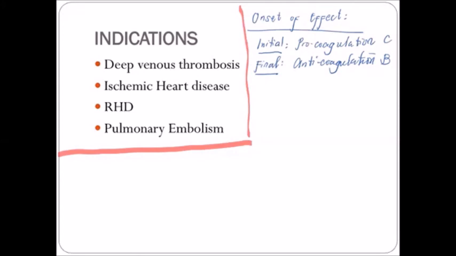So i-explain natin siya by having this sample scenario. Remember, ang tinatarget ng warfarin ay synthesis ng clotting factors, yung production. Ibig sabihin, yung paggawa ng clotting factors, both the pro and the anti ay mabablock in the liver. So anong implikasyon niyan?